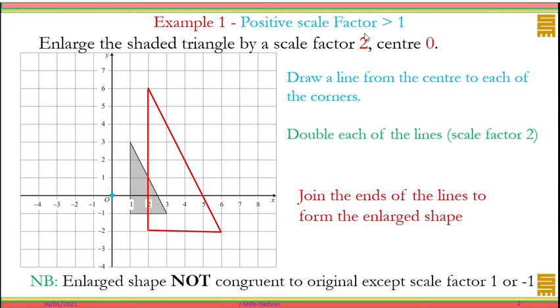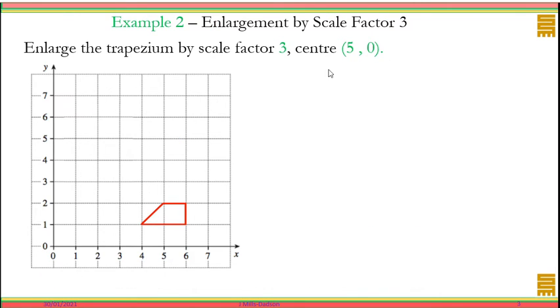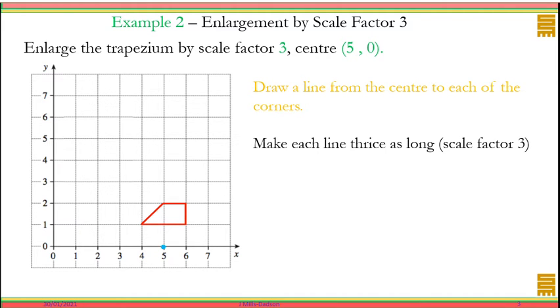Let's look at the situation where we have scale factor 3. The same principle applies: from the center to each of the vertices or the corners. Because it says scale factor 3, make each line 3 times as long. That will be one diagonal. Make it 3 times as long.